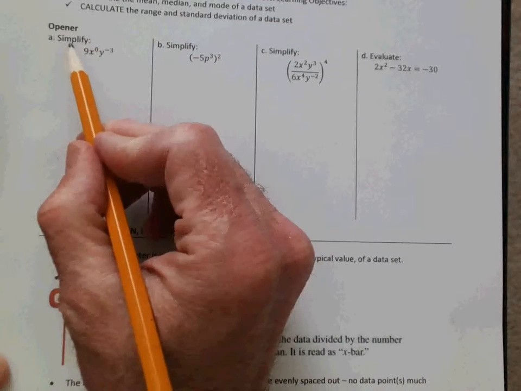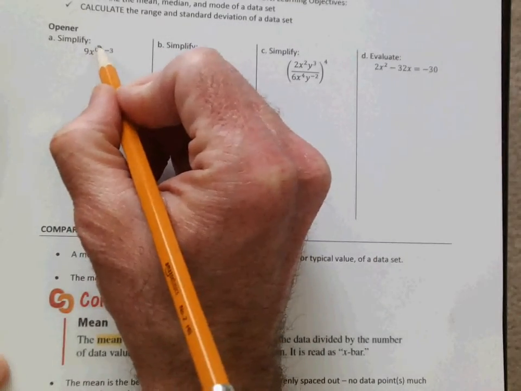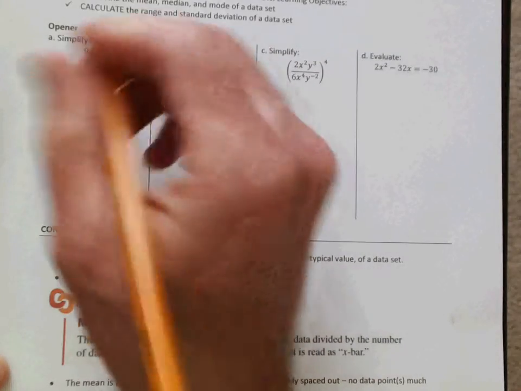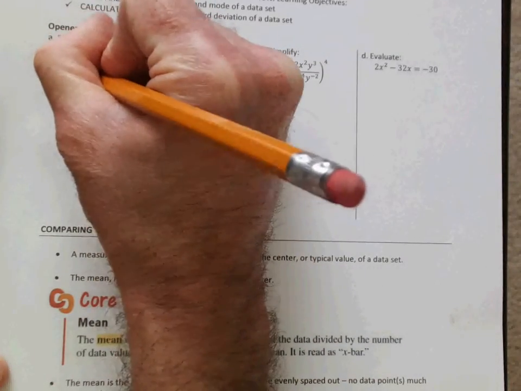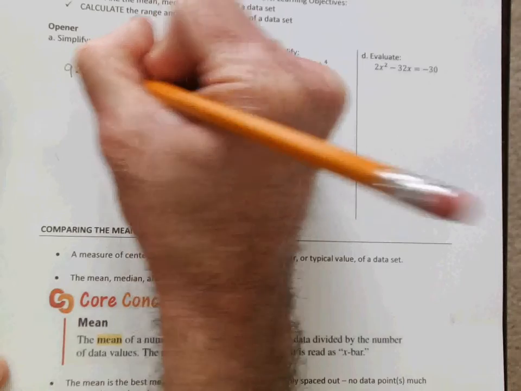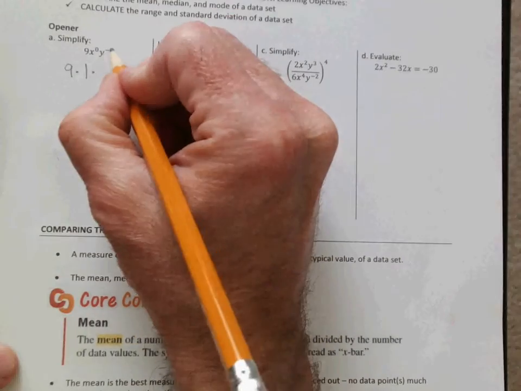Welcome back. So, in A, we have 9 times x to the 0th power times y to the negative 3. I'm going to take it piece by piece. 9, nothing's weird, times x to the 0 power is 1. Any non-zero entity raised to the 0 power is 1. Y to the negative 3.